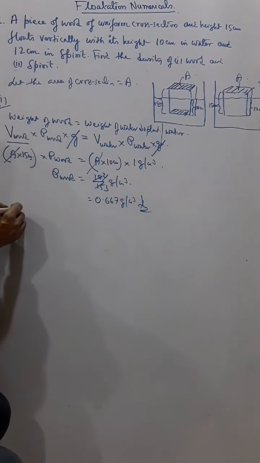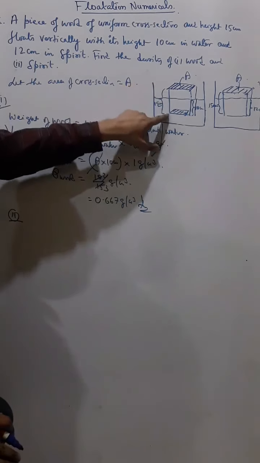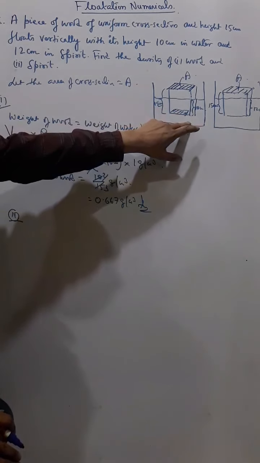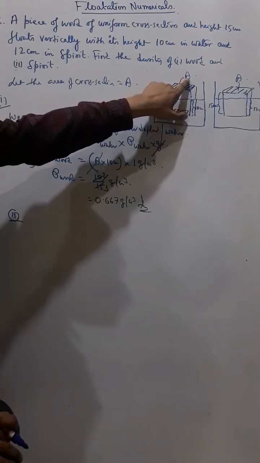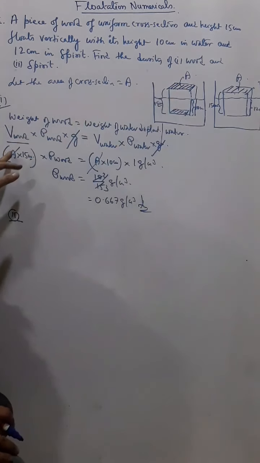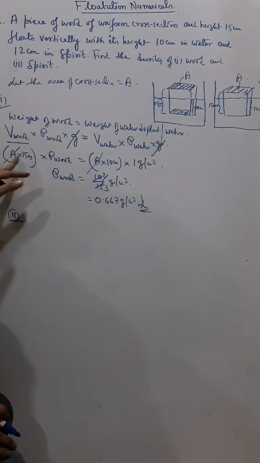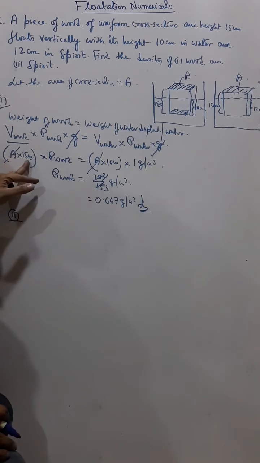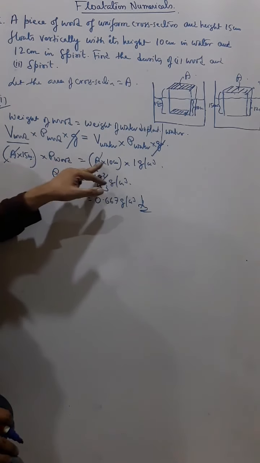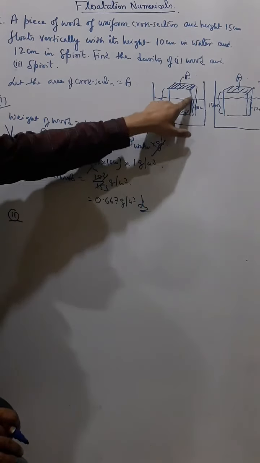This sum is important because here only length was given, volume was not given. Therefore we have taken the area as A. Now volume becomes area into height. If I want the volume of the full body, I get area into full length, and volume of liquid displaced means area into height in liquid.